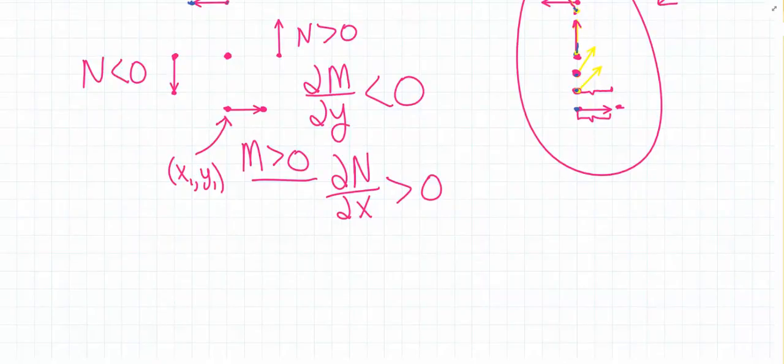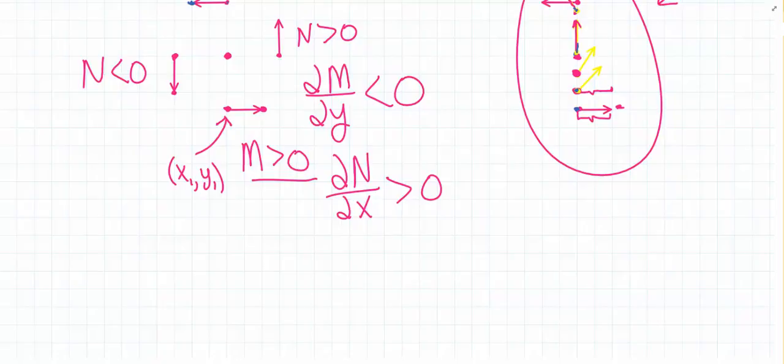Okay, now remember, here's what we want to happen. When the curl is counterclockwise, like this situation here, when we have a counterclockwise rotation, we want our curl to be positive. That's definitely what we want. So let's see how we could come up with a formula involving these partials that would give us that.